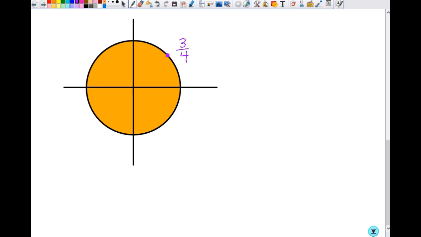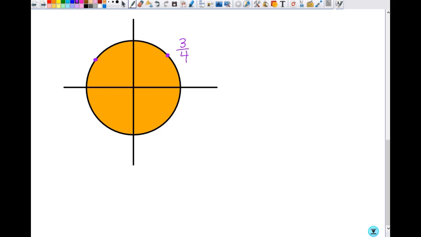You're not punching buttons on the calculator or anything, and you're not going to be able to give me an exact number here, but how would I figure out what my second quadrant angle would be when 3/4 is the reference angle? Think about how we did the others, but you can't do it fractionally. The fraction part doesn't work because there's not a pi in the numerator. You with me?